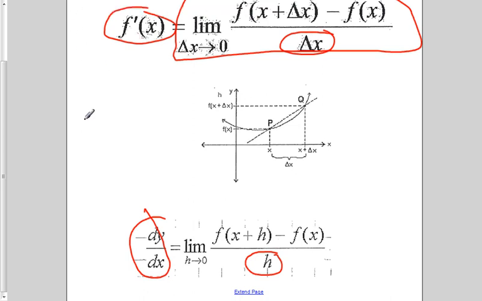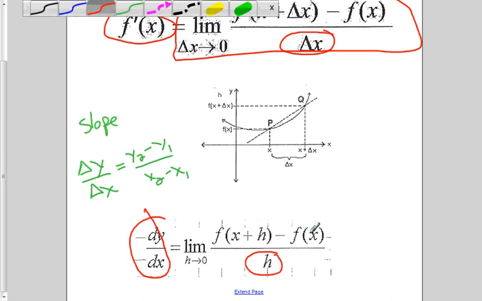I also want us to go back to what we know about slope. We have the slope formula, change in y over change in x, is equal to y2 minus y1 over x2 minus x1. So what does that mean? I'm going to draw in red using the terminology down here.